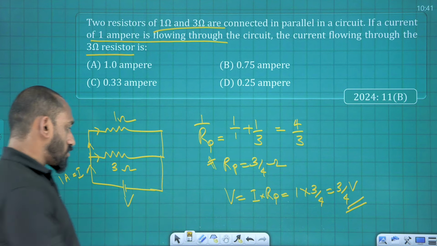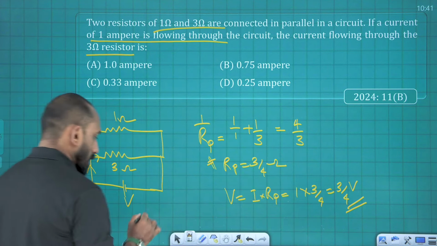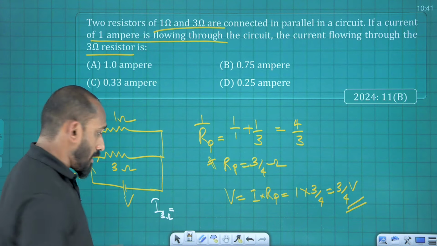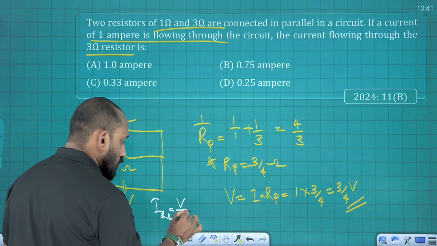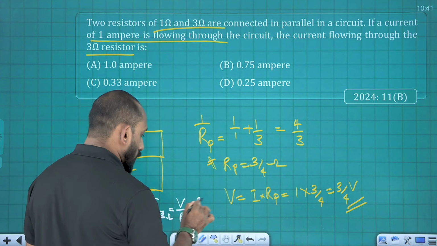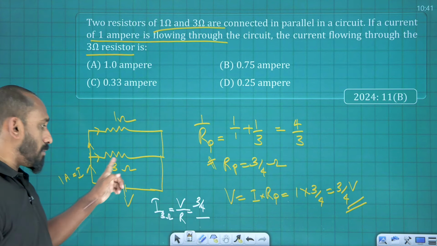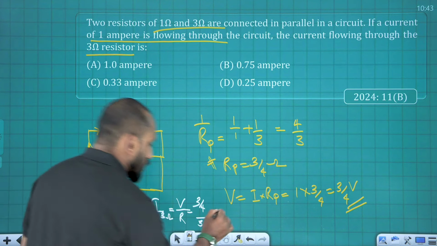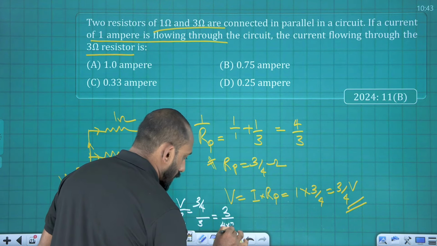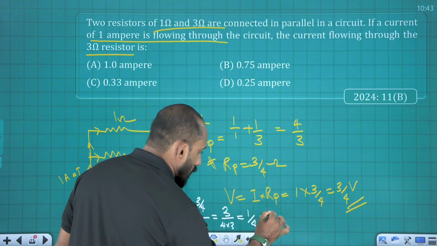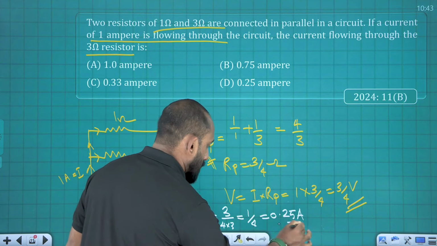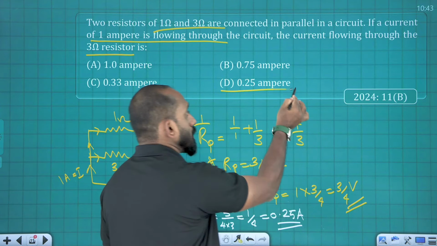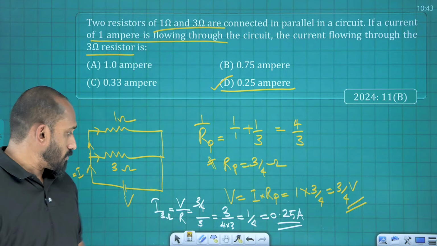So current through 3 ohm, I across 3 ohm is equal to V by R. V is 3 by 4, divided by R, which is 3. So that is 3 by 4 into 3, that is 1 by 4, equal to 0.25 ampere is the answer. So 0.25 ampere will be the current passing through the 3 ohm resistance.